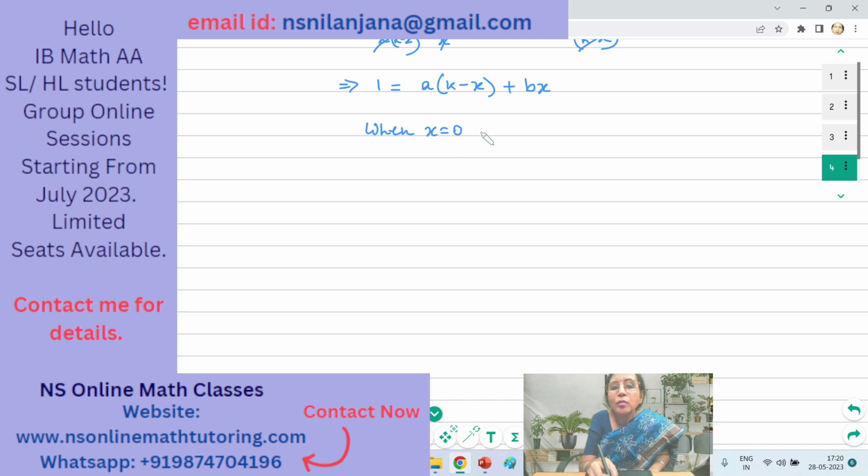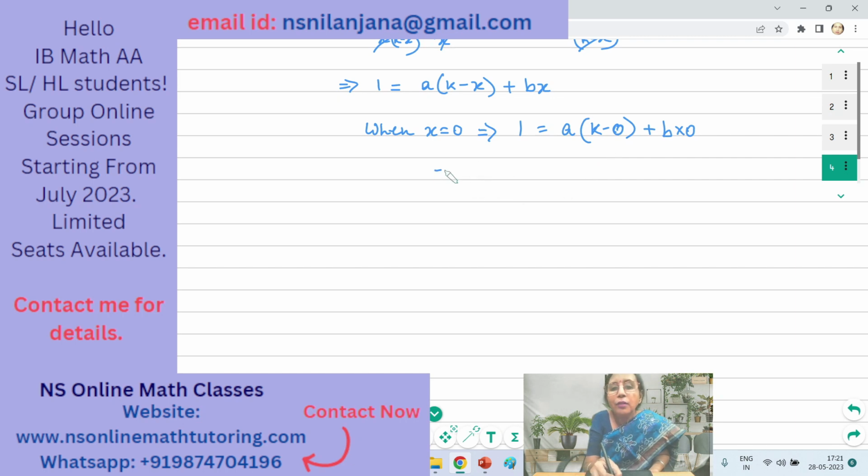When x equal to 0, then the equation becomes 1 is equal to a times k minus 0 plus b times 0. And b times 0 is 0. K minus 0 is k. So a times k is ak.